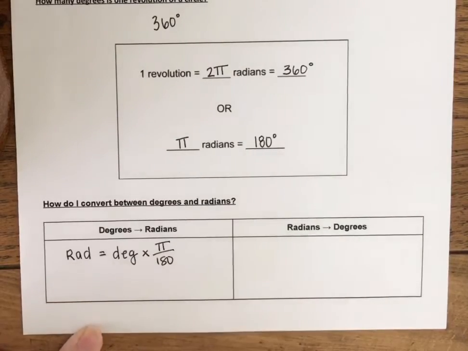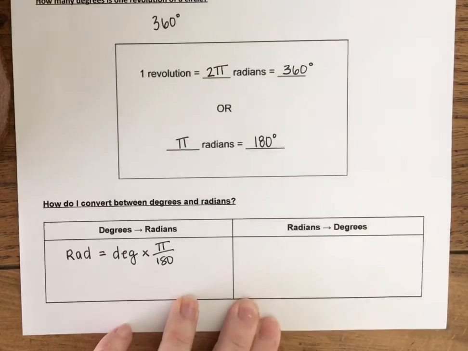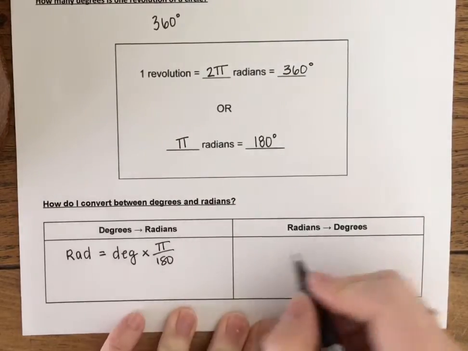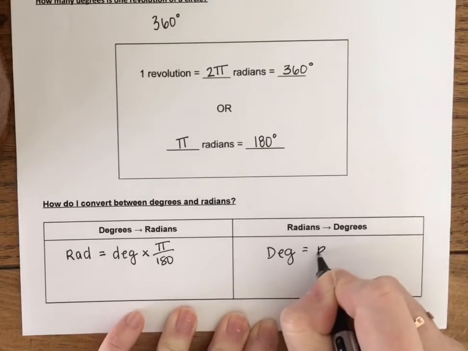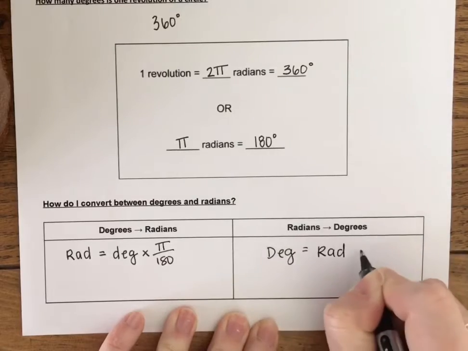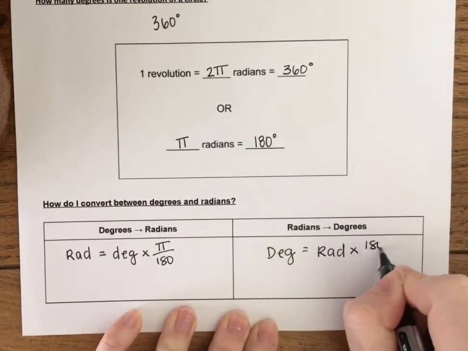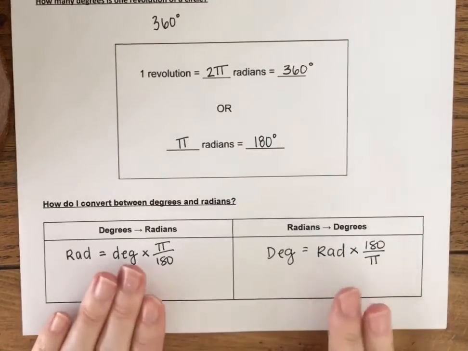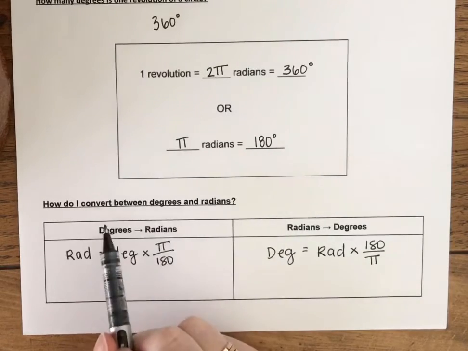Now if I'm going the other way, if I already have my angle in radians and I'm going to degrees, I'm just basically going to switch these two. So degrees equals radians, and instead of times pi over 180, I'm going to multiply by the reciprocal, 180 over pi.